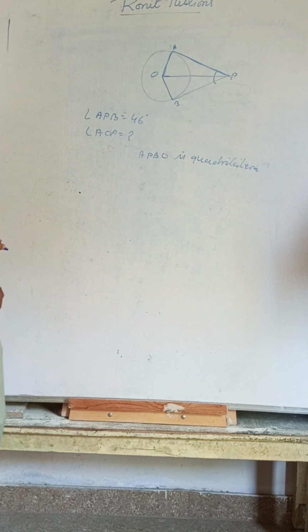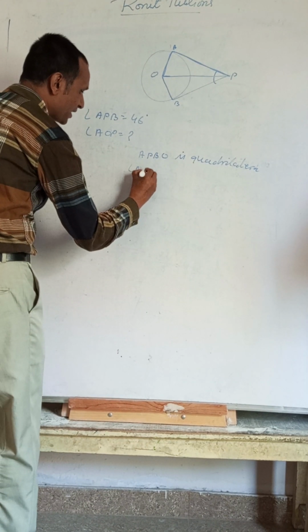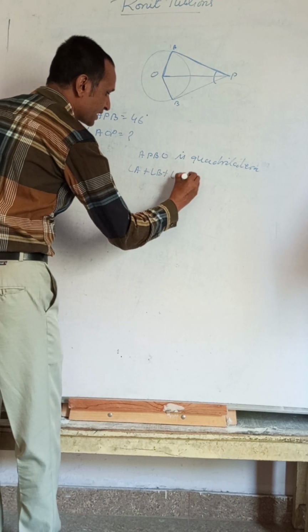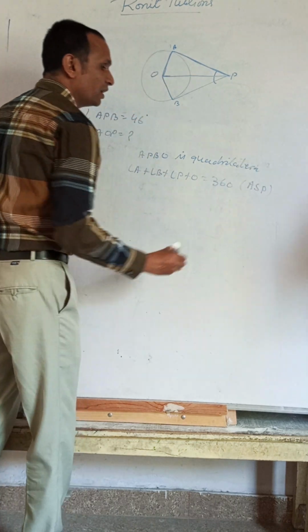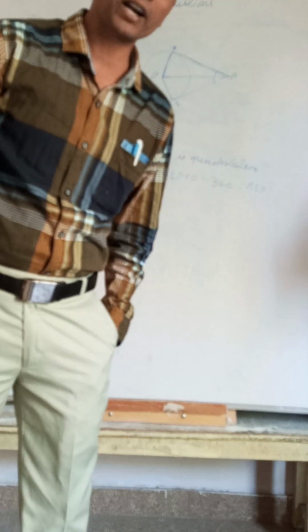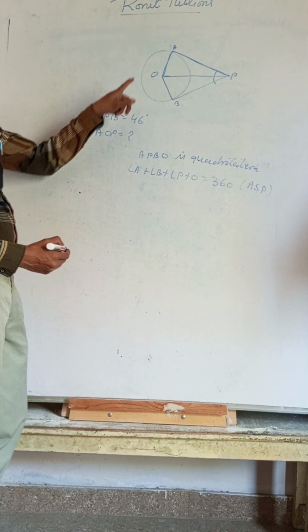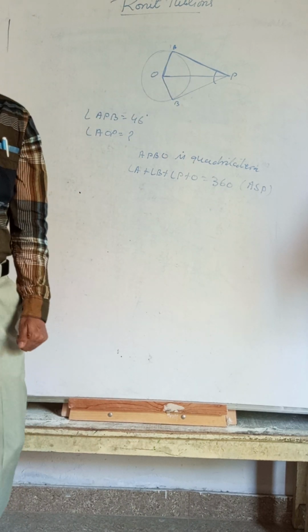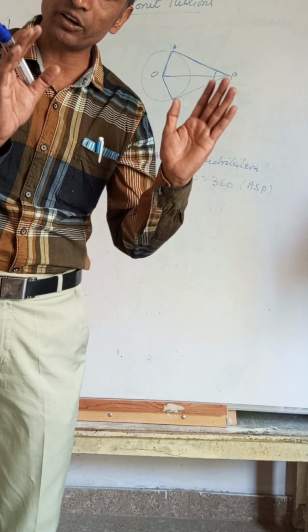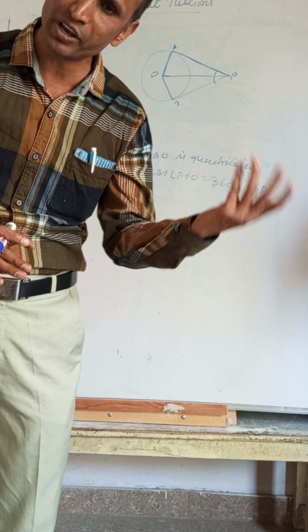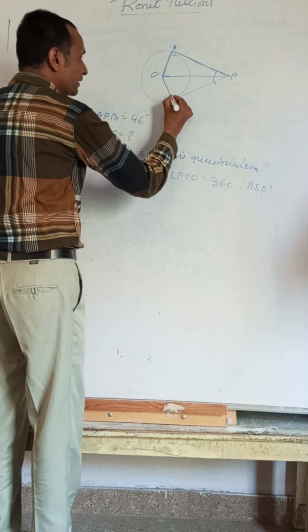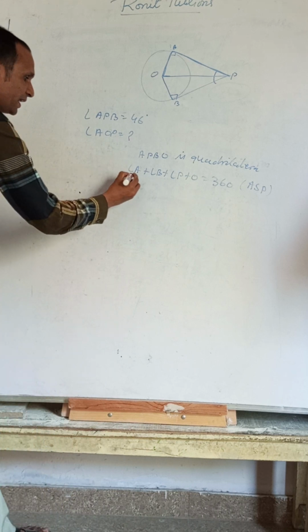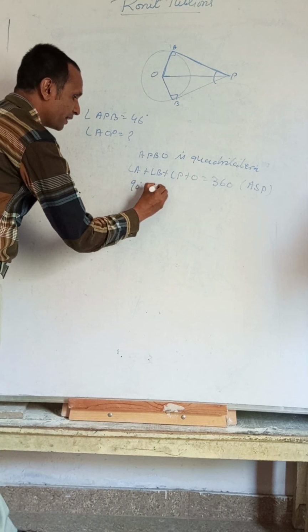You know the angle sum of a quadrilateral is always 360 degrees. So angle A plus angle B plus angle P plus angle O is equal to 360 degrees, by the angle sum property of a quadrilateral. Tangent is always perpendicular to the radius, so angle A is 90 degrees and angle B is 90 degrees.